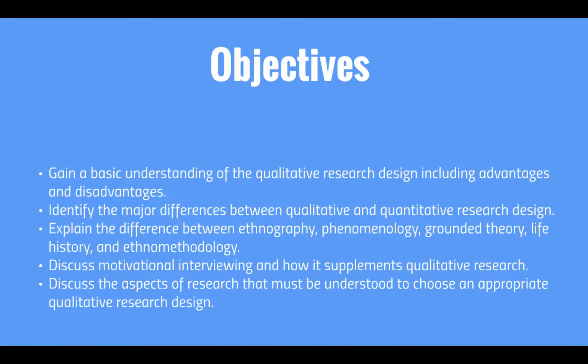Third, the audience will be able to explain the difference between ethnography, phenomenology, grounded theory, life history, and ethnomethodology. Fourth, there will be discussion related to motivational interviewing and how it supplements qualitative research. Finally, there will be discussion on the aspects of research that must be understood in order to choose an appropriate qualitative research design.